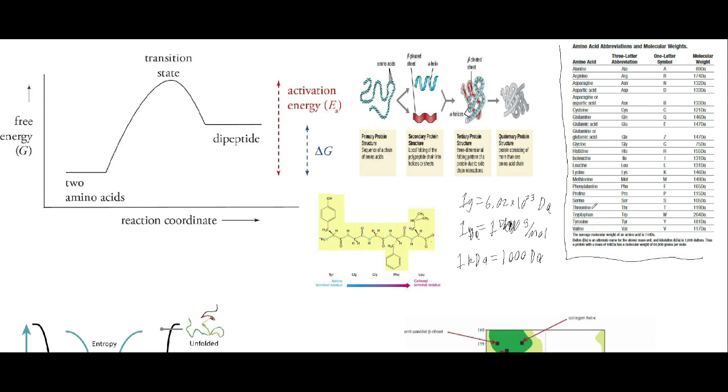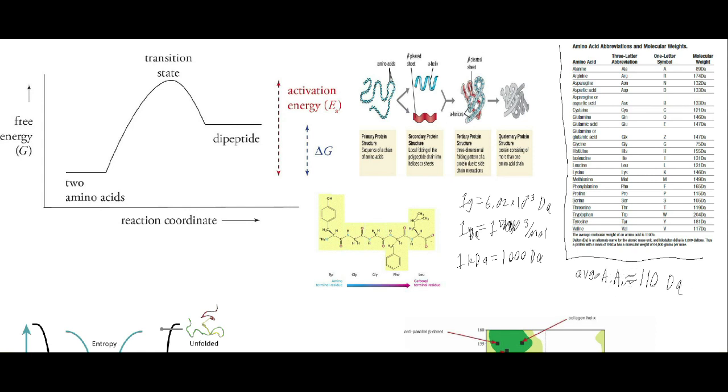And the average amino acid is approximately equal to 110 Daltons.